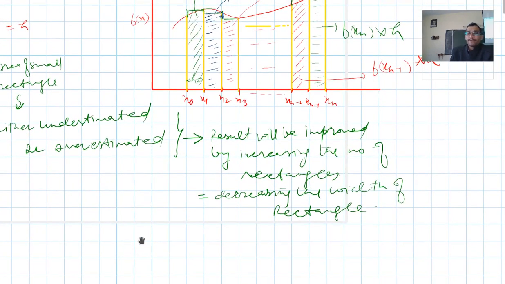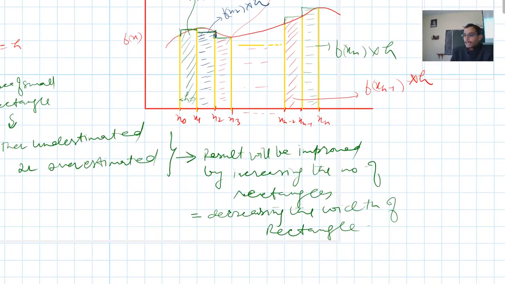So mathematically I can write this integral I from x naught to xn, and let me call x naught as a and xn as b, because generally we write the integral of f(x) from a to b. So let us call it x naught and xn, whatever you want to call.